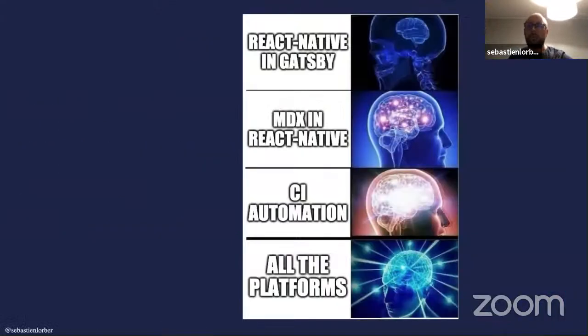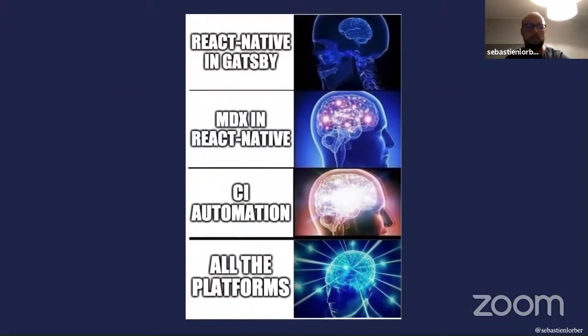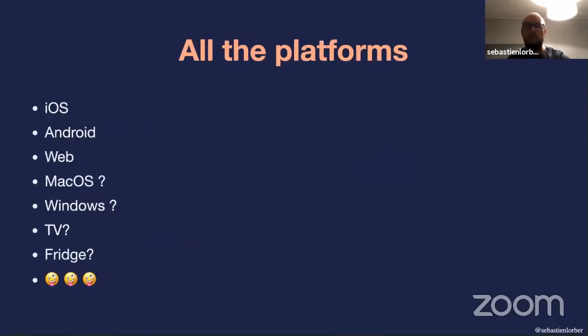So the last part of my talk is here: we have iOS, Android, and web. I think it's pretty nice already, but maybe it's possible to support other platforms. You probably have heard that there are other platforms like macOS and Windows that are being worked on by Microsoft, and there is also TV and maybe other things that I'm not aware of.